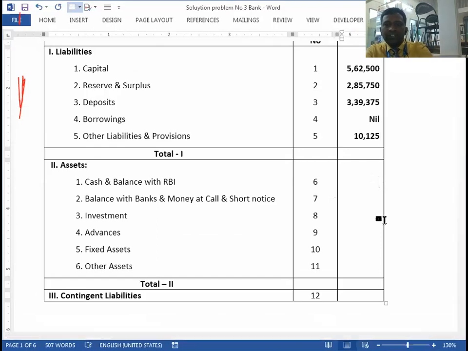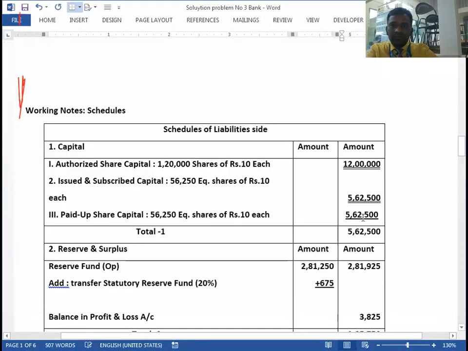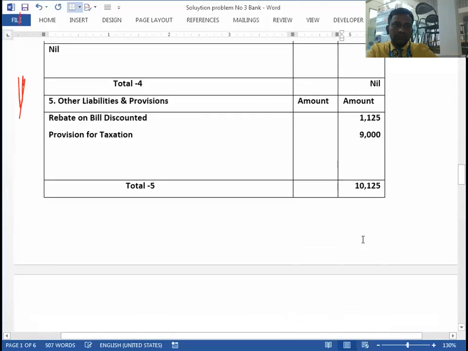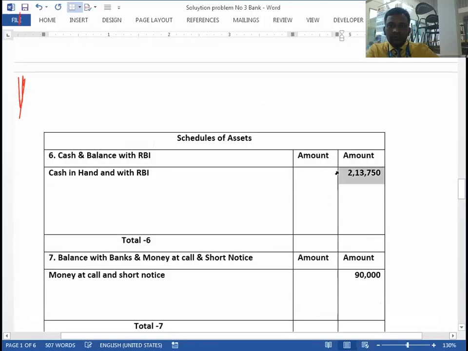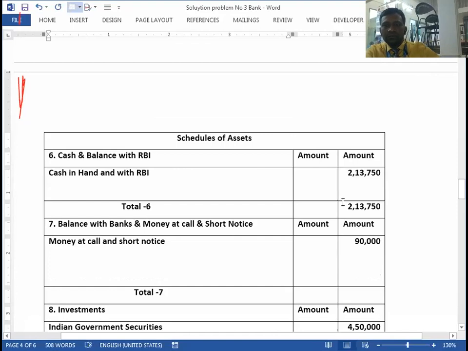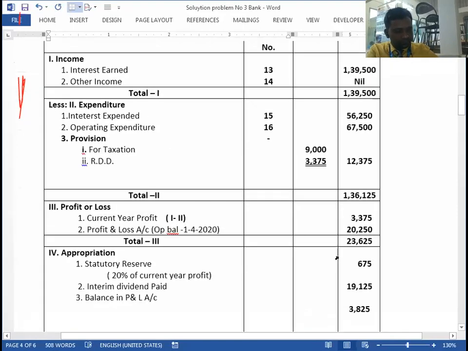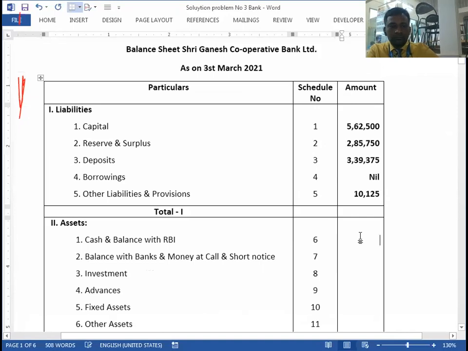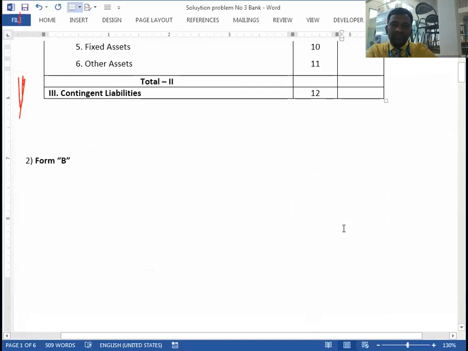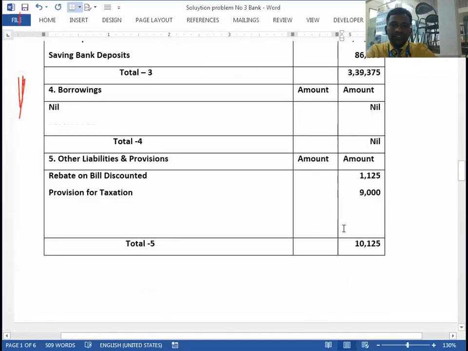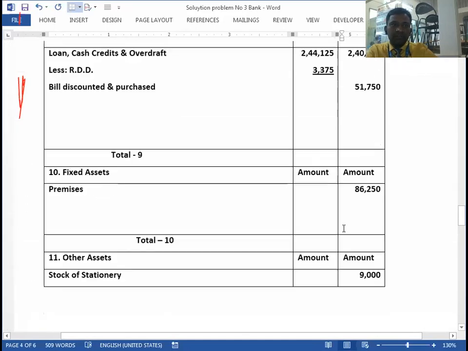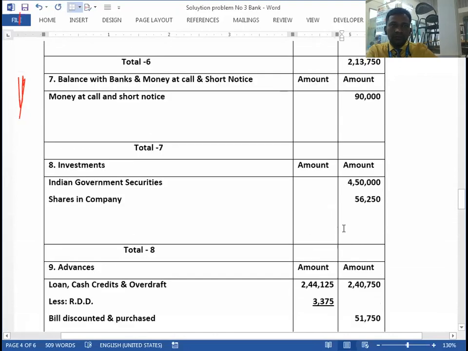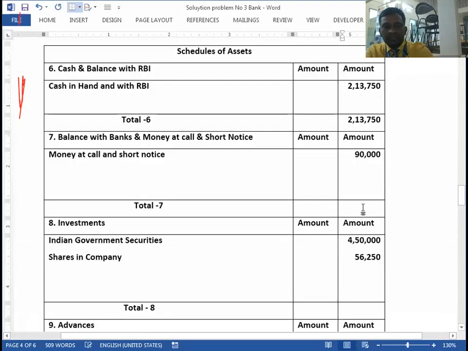Now schedule number 6, 2,13,750. Then balance with bank, money at call and short notice, number 7, 90,000.